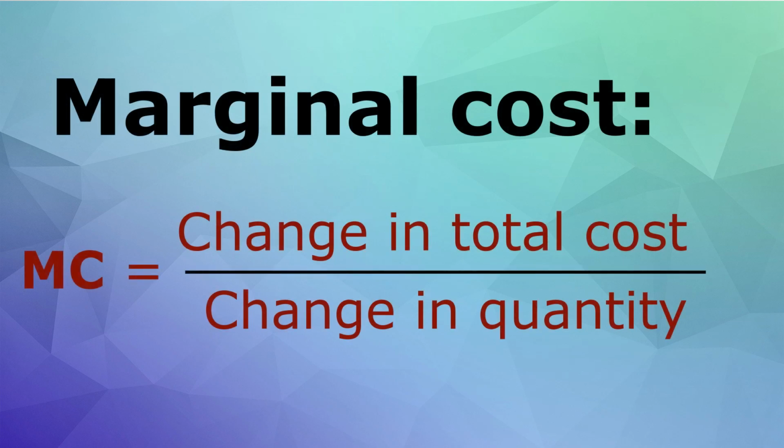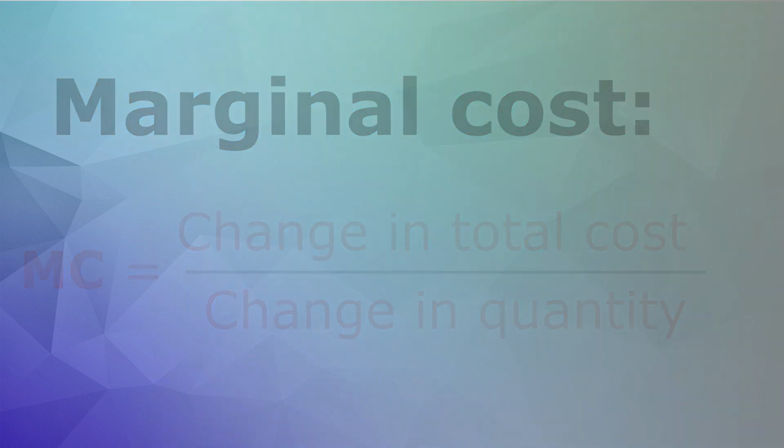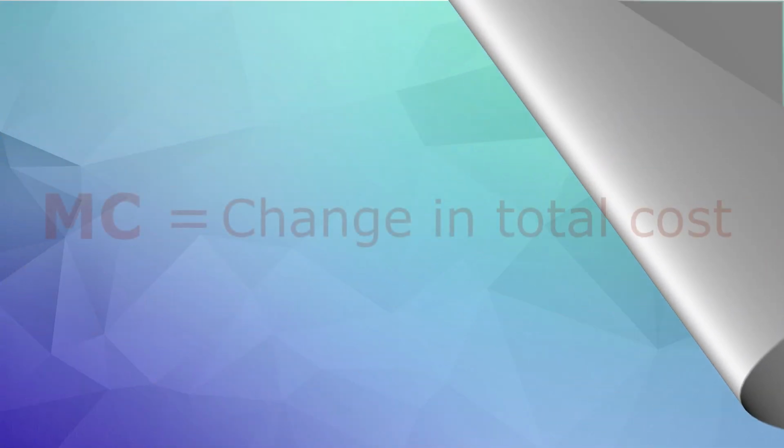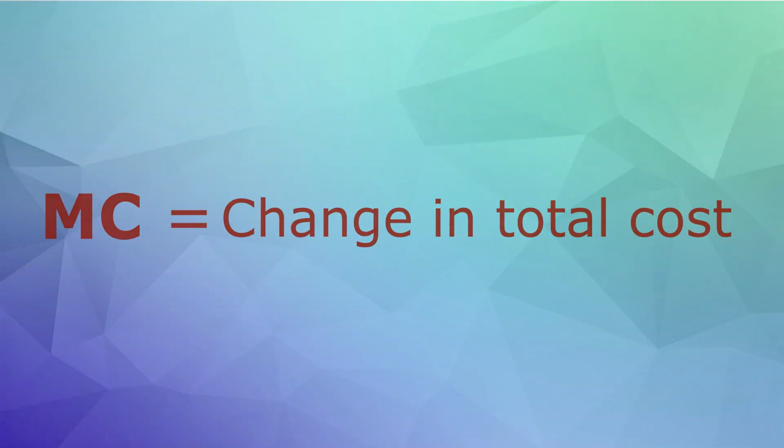And this is the formula for the marginal cost: a change in total cost over a change in quantity. And in our case, the change in quantity is always 1: 1 minus 0, 2 minus 1, 3 minus 2, so that marginal cost will equal the change in total cost.